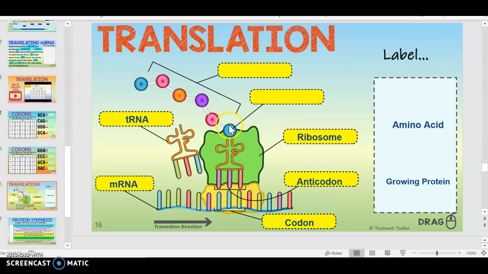Up here, your tRNA carries these molecules. These molecules are your amino acids that they transfer around. And when you take many amino acids and they polypeptide together, that is your growing protein. All right, so all that is what occurs in translation. Remember, prior to this, transcription occurred where you copied your DNA code into the mRNA.